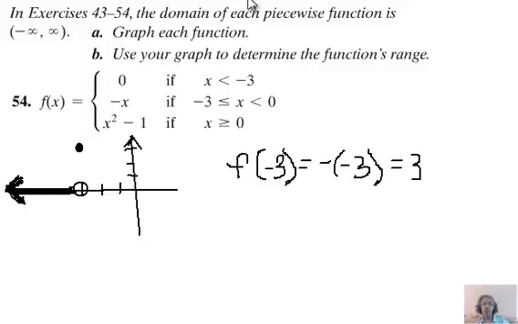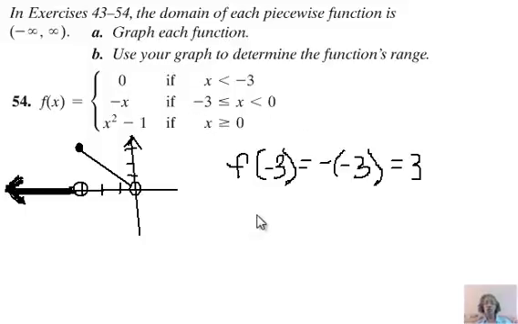So that means we're going to have an open circle at the point where x is 0 and y is 0, because -x is 0 if x is 0. So I have an open circle there, and I connect these two dots with a line. So I get this line segment when x is between -3 and 0, including -3.